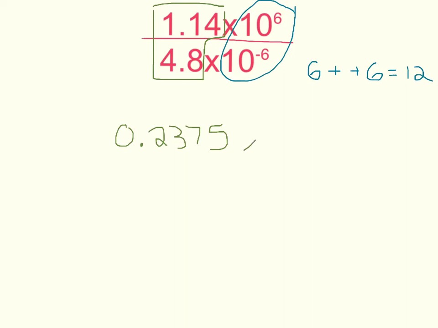So now we have times 10 to the power of 12. But we have to check for proper scientific notation, which we do not have. We have to change our coefficient to 2.375. And if we increase our coefficient by moving the decimal one place, that means we have to make up for it by decreasing our exponent, so times 10 to the power of 11.